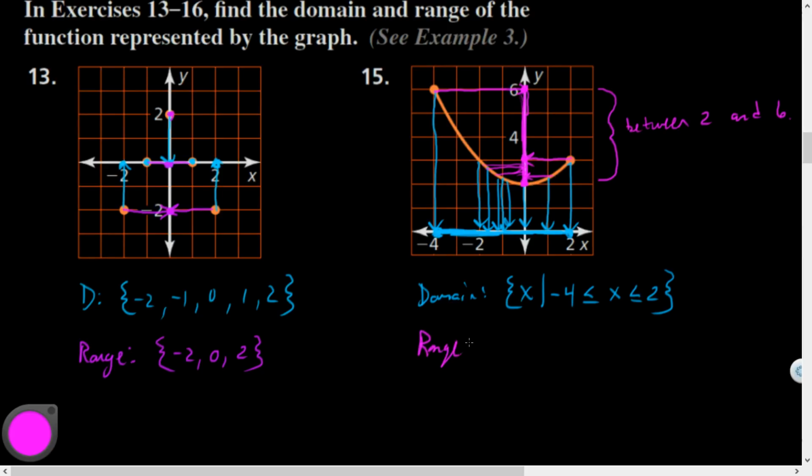And so the range is going to be the set of all y, okay? That's usually where I make my mistake, such that y is between 2 and 6. So you know what I'm going to do? I'm going to write y between the numbers 2 and 6, and then I'm going to put less than or equal to signs in between them. All right, so there's my range.